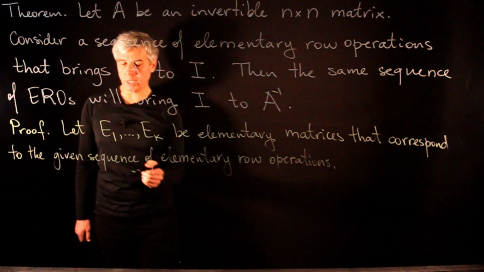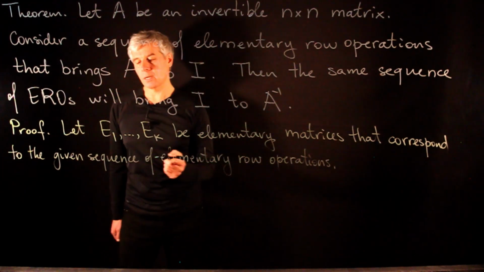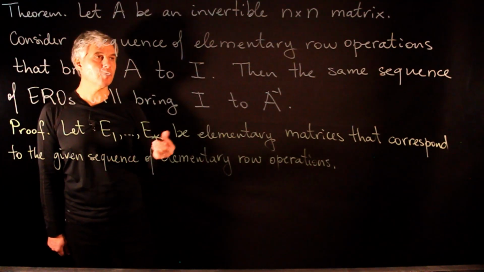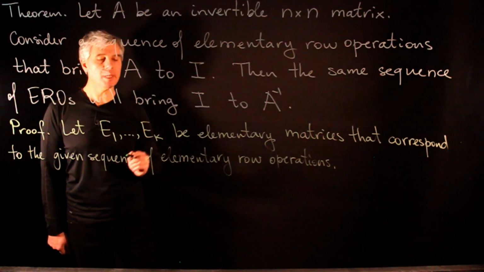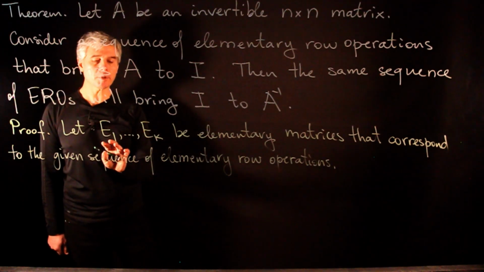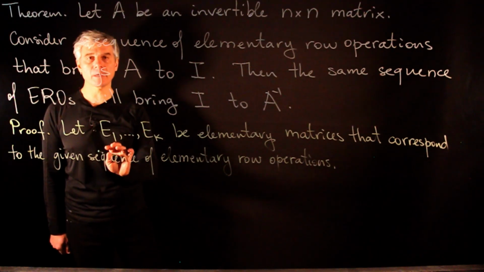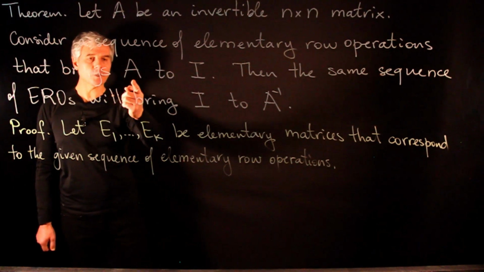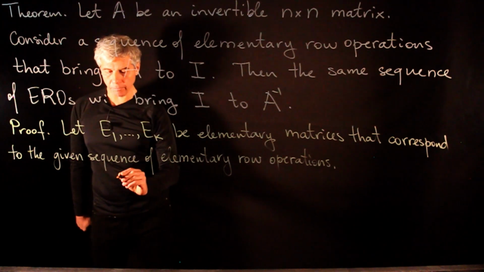So we know that for each elementary row operation, we have the corresponding elementary matrix. And performing each of the elementary row operations may be interpreted as multiplication by the corresponding elementary matrix on the left. So this row reduction of A may be interpreted in the following way.